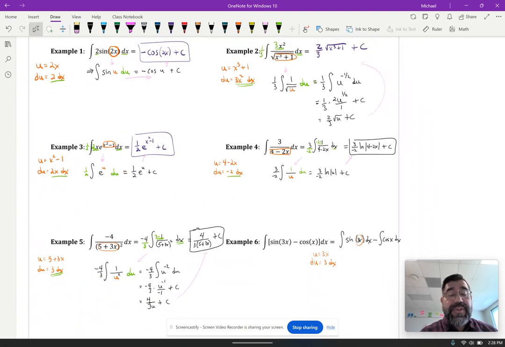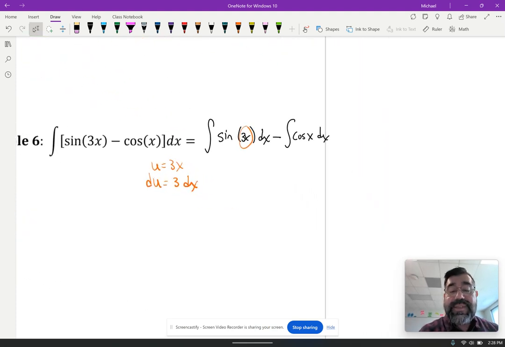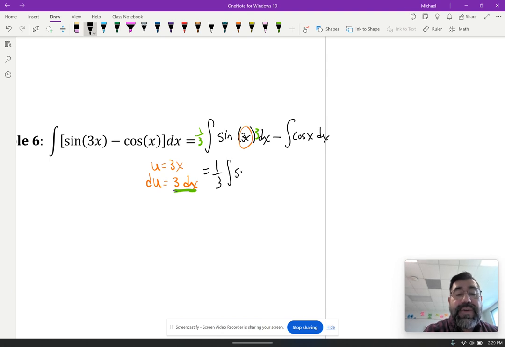Those are the first 5 examples here. If you want, we can do this one real quick. It's not going to take too long because I need 3 dx. I don't have a 3, so I'm going to multiply this by 3, but then I got to balance this out with a 1/3. And now this one will become 1/3 antiderivative of sine u.